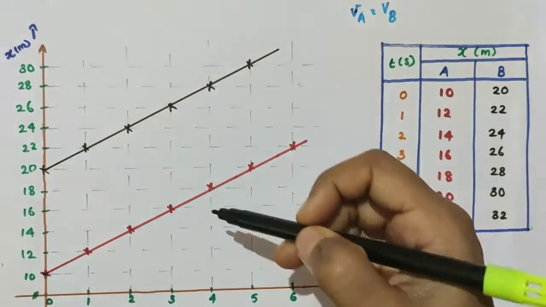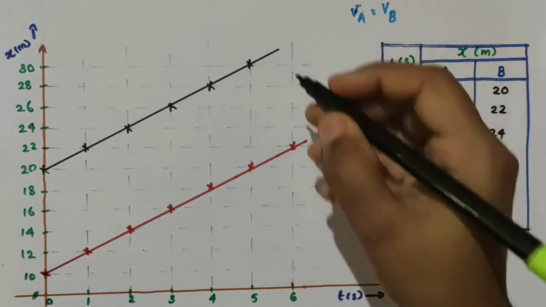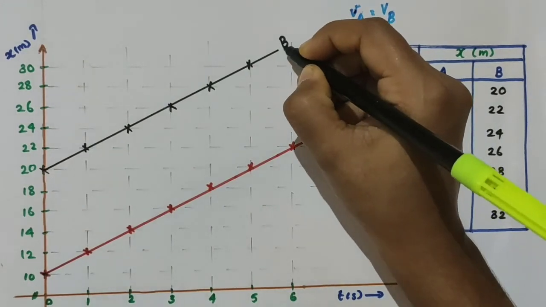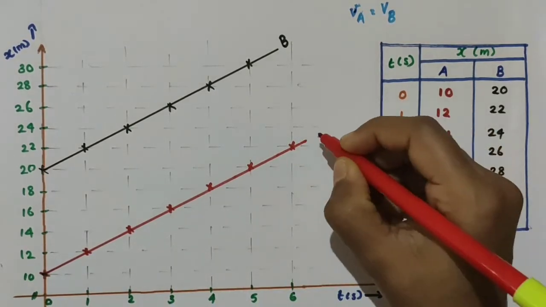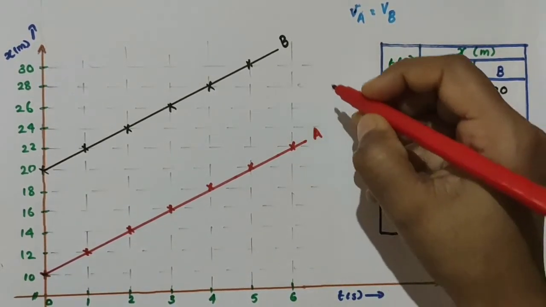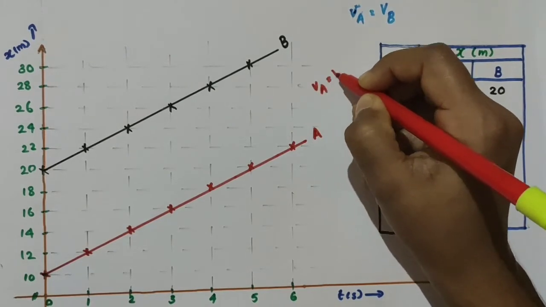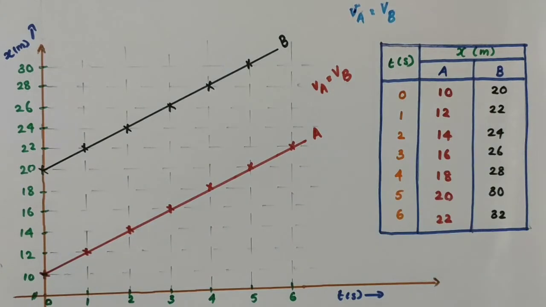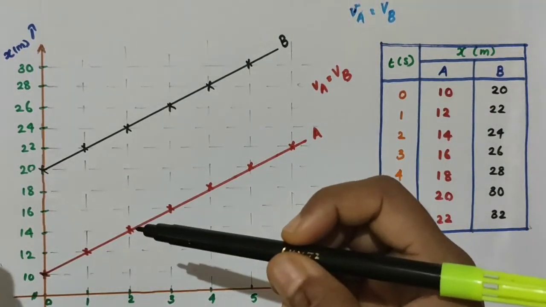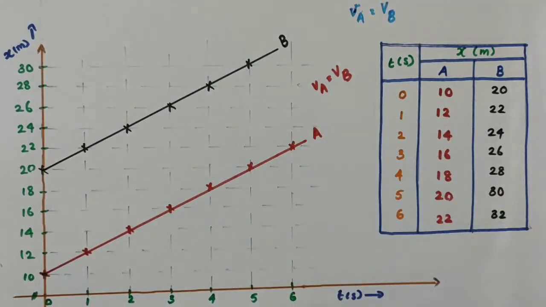Now you just compare. This is the position-time graph for the object B moving with the velocity VB, and this is the position-time graph of the object A moving with the velocity VA, and both are moving with the same velocities, that is VA equal to VB. So what about the nature of their position-time graphs?